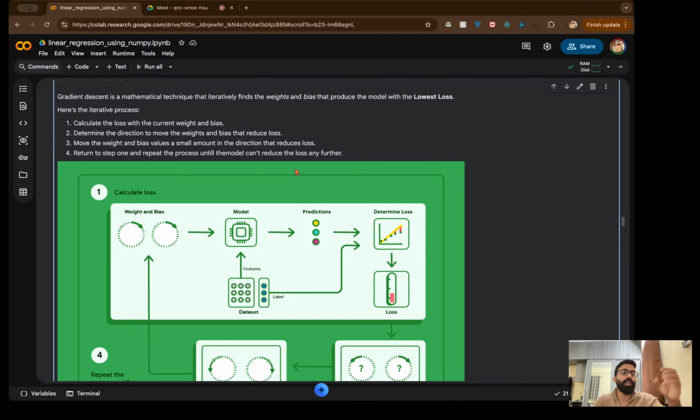It will move like 100, then 100.1, 100.01, and bias it will move like 99.98. So it will move like that, a very small amount, in the direction that reduces loss.